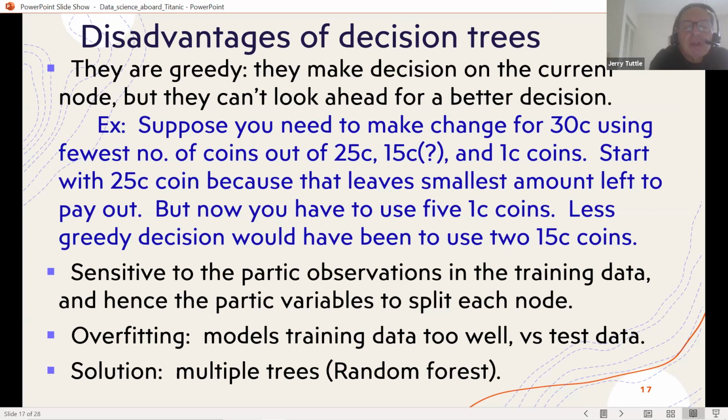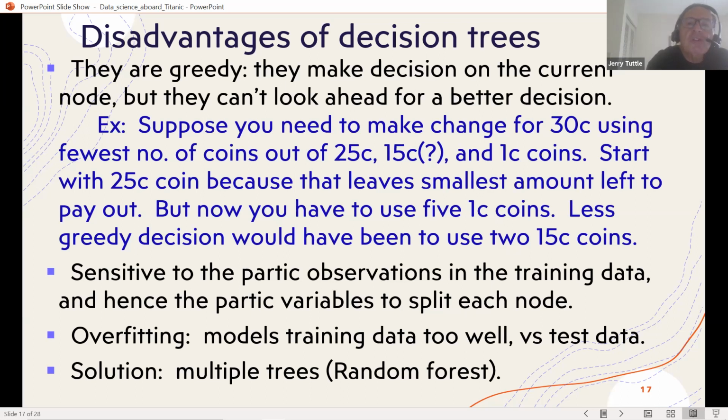A different random 80-20 split would give me different observations, and that would potentially result in different variables being split at each node. So different choices of randomness will give you different decision trees. Decision trees also often overfit the training data, performing too well versus the test data.